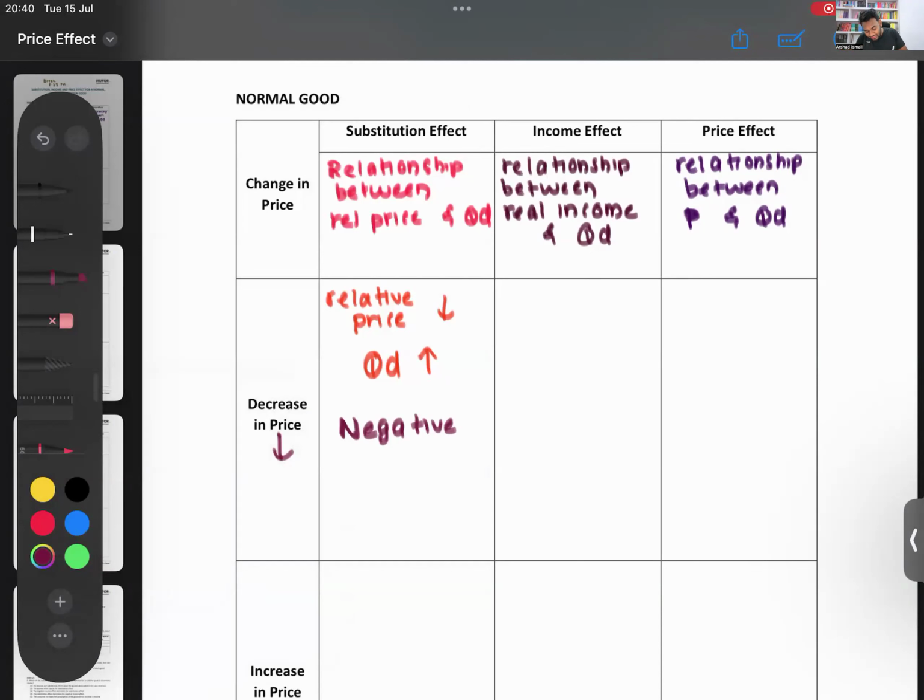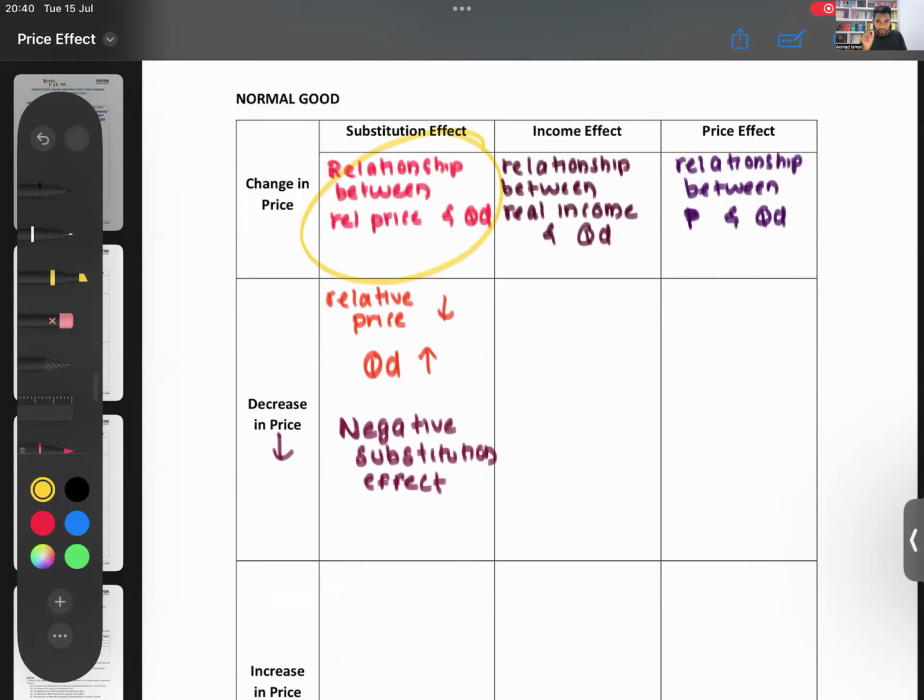We have a negative substitution effect. Why am I saying negative? Because we talk about the relationship between relative price and QD. Relative price means the price of your good compared to the others.